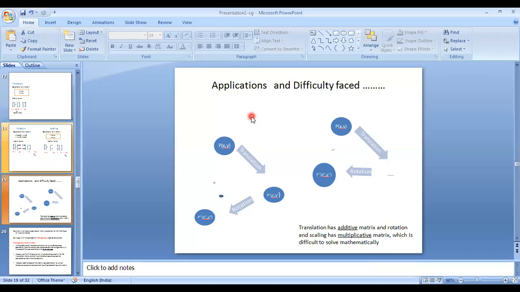So there may be some situations where I need to apply multiple transformations for an object. For the same object, I may need to apply translation, after translation I may need to apply rotation, after rotation I may need to apply scaling, and again translation.